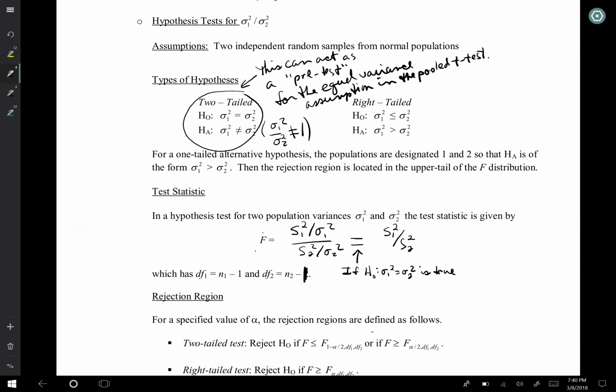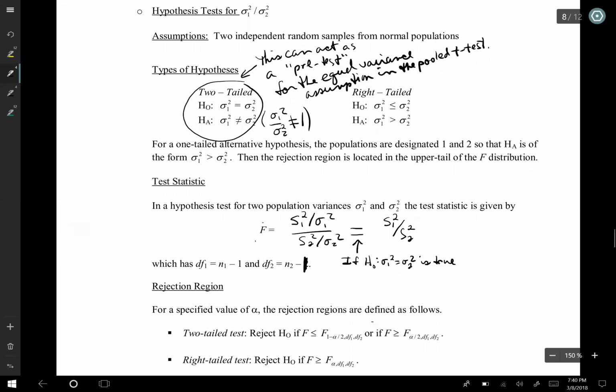That way you can use the upper part of the F distribution to get your rejection region for a right-tail test. Does that answer it?